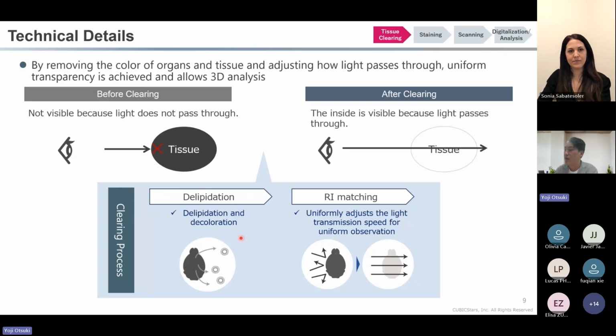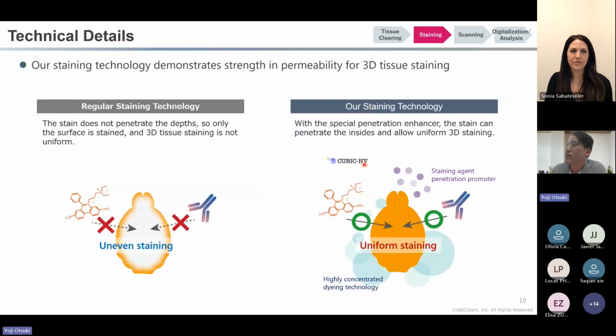After that, we adjust the speed of the light so that we can clear the organs equally. And not only do we make it transparent, in parallel we also stain; our staining technology ensures uniform dye penetration across the entire sample. With traditional staining, we can stain only the surface of the organ, but our technology allows the antibody to penetrate into the deeper side of the samples, so that we can achieve uniform staining of the target.